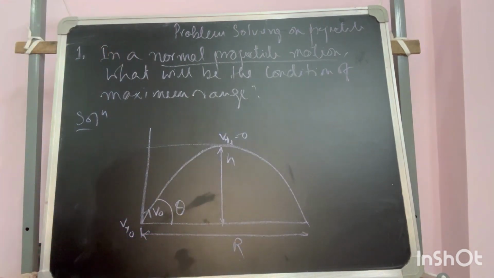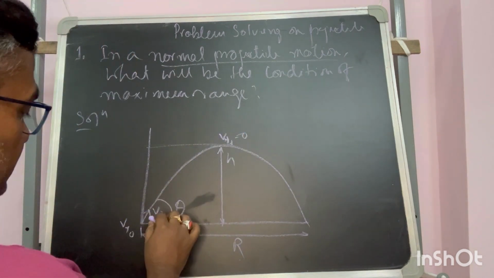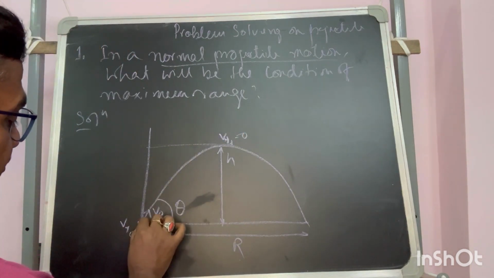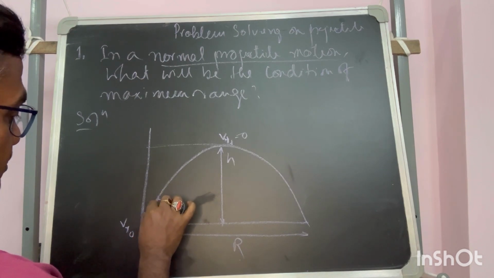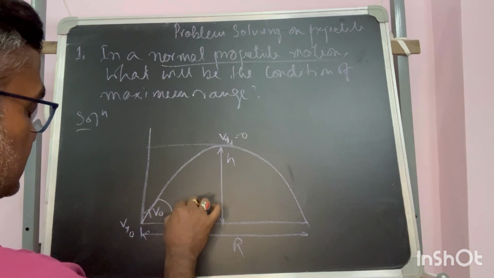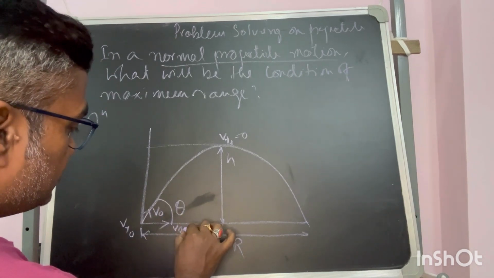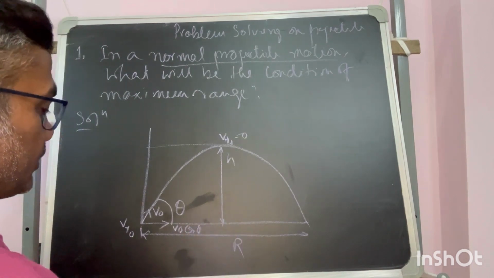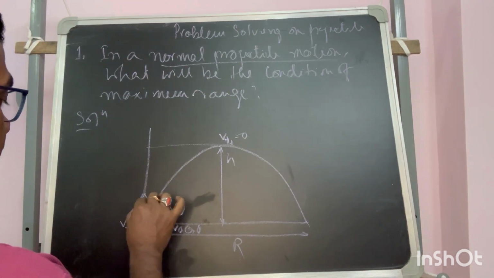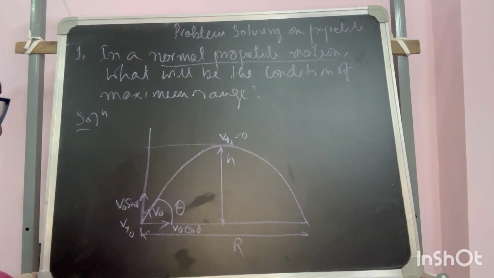Okay, so what is this vy0? If the initial velocity along the direction it is thrown is v0 and the angle is theta, then the component along y is v0 sin theta.